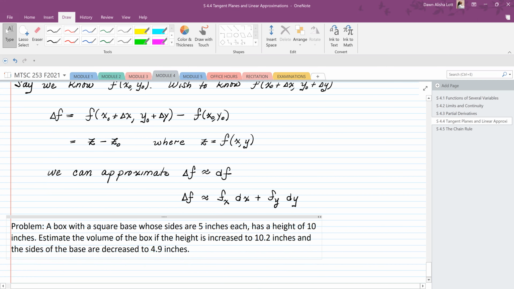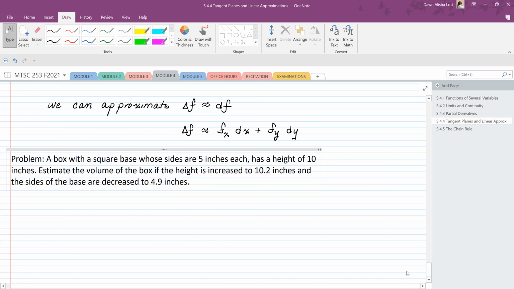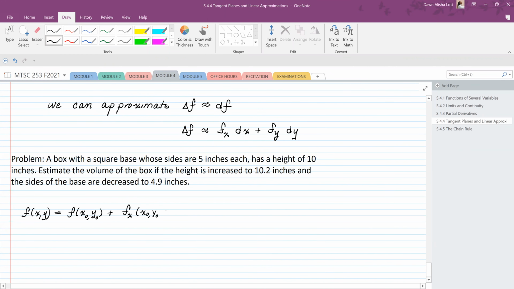All right. So now we know that f at x, y is approximately equal to f at x naught, y naught, plus the partial of f with respect to x at x naught, y naught, times x minus x naught, plus f sub y at x naught, y naught, times y minus y naught.